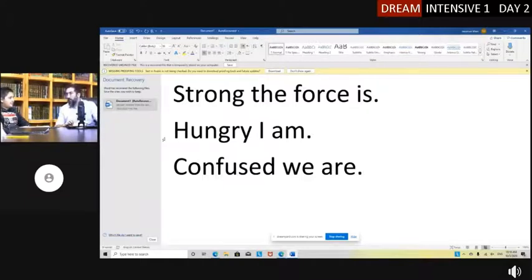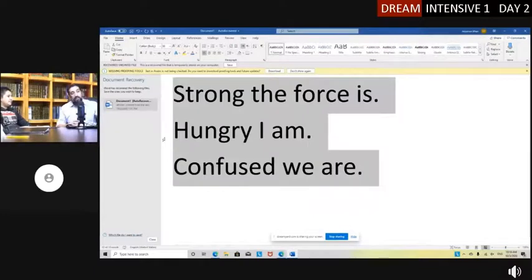This is a weird word order, isn't it? The force is strong is normal. Yeah. Right? But strong the force is, it's the other way. Basically he's saying the same thing. But in Arabic, when Allah does that, sometimes he'll say it in one order. And sometimes he'll say the same thing in a different order. Flip the same thing over. Right? And each time it actually means something a little bit different.